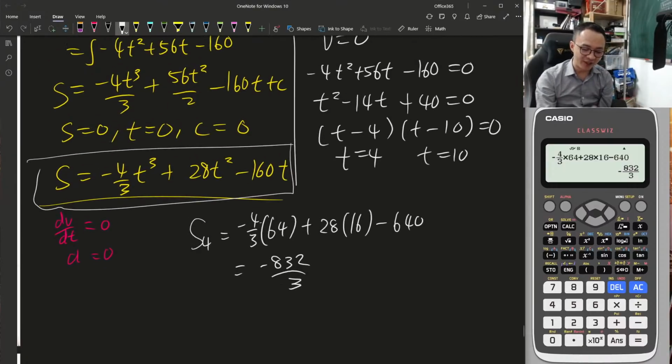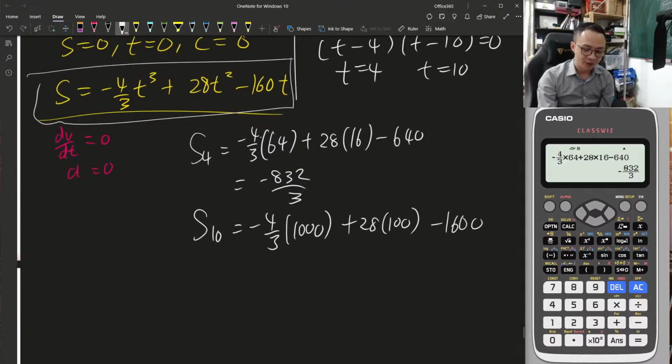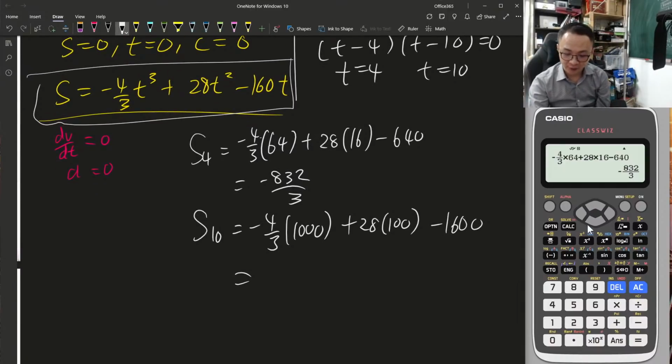Then I want to find S(10). So negative 4 over 3, and this is 1000, plus 28 times 100, minus 1600. So change this one to 1000, change this one to 100, change this one to 1600.